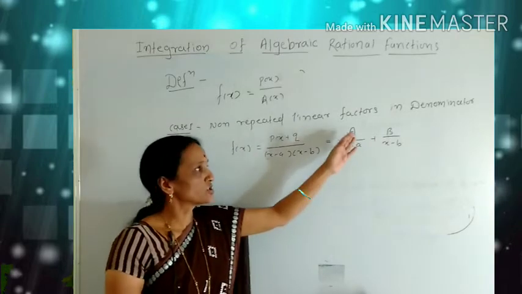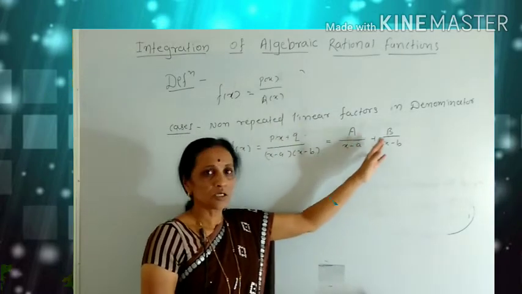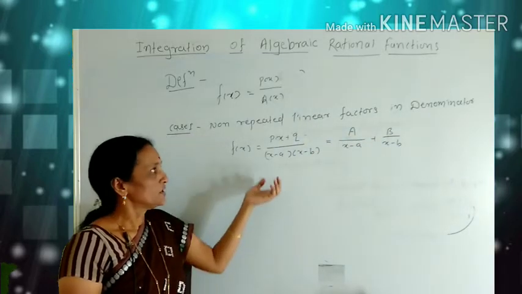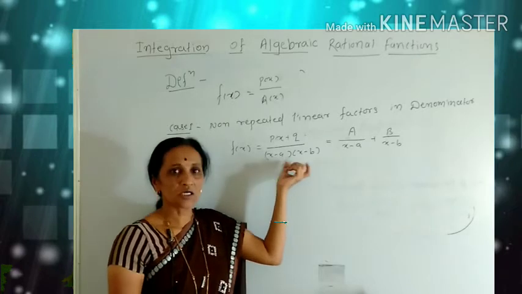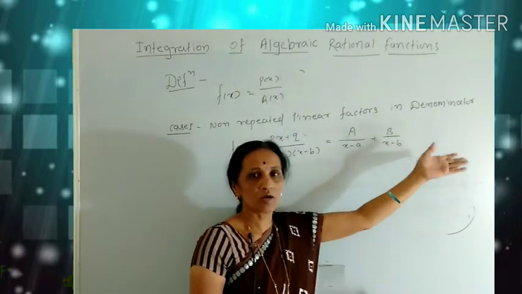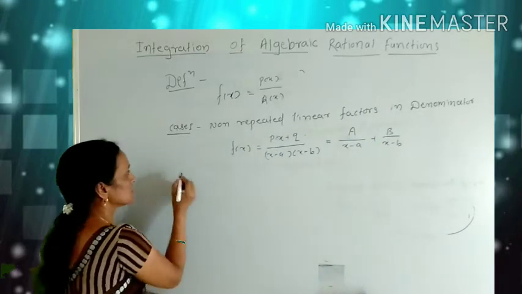This is the decomposition for non-repeated linear factors in the denominator. Similarly, if in your example there are 3 factors, we consider another constant divided by that factor.